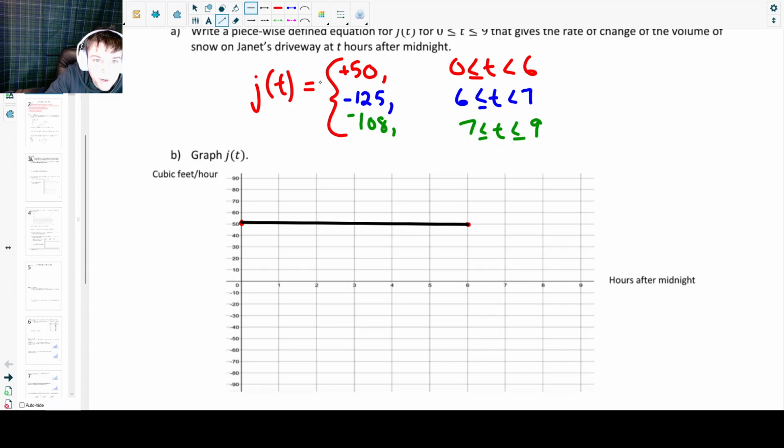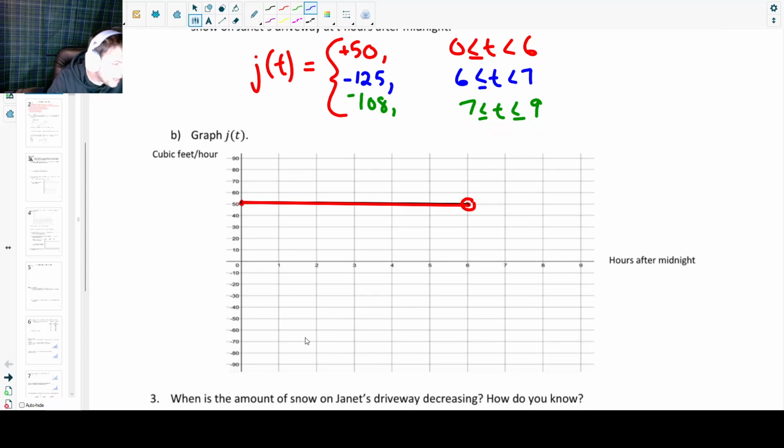I wanted that to be red. Will that change it? No, but I can do it afterwards. Okay, that's our red piece. Technically, I should have an open circle here, I guess, because we're not going all the way up to 6. All right, and then between 6 and 7, she's removing snow at a rate of negative 125.